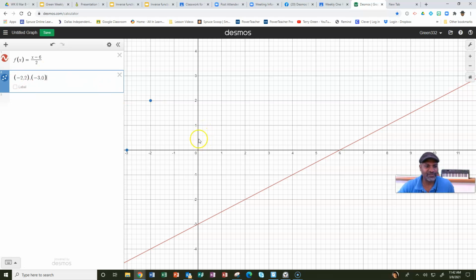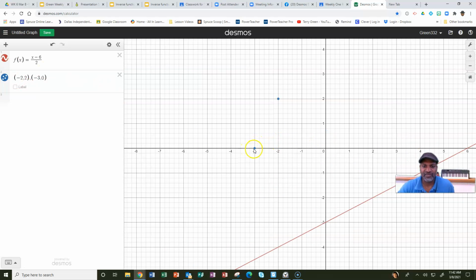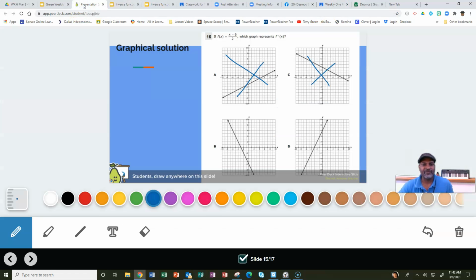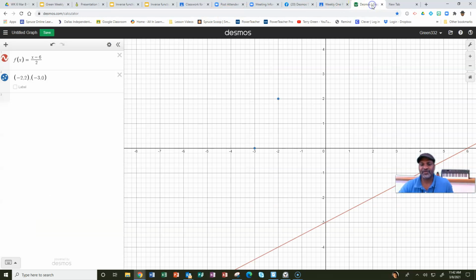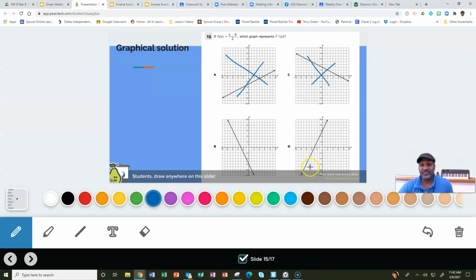So my inverse is going to look like this. It's going to go through these 2 points like that. So which one of those graphs looks like that? Let's compare. And it looks like that should tell you that D should be the correct answer there.